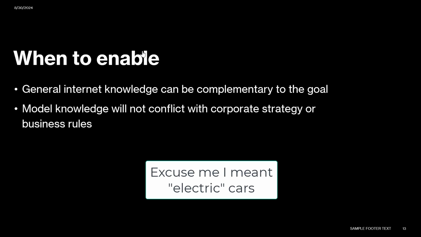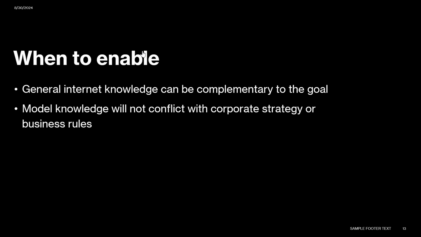So if my Copilot is asked, what's the best electric car on the market for X, and it returns a link to a Tesla car, that might conflict with my corporate strategy because I'm not trying to sell for Tesla, I'm trying to sell for Contoso. So I might turn off that external knowledge because I don't want it selling Tesla for me, right?